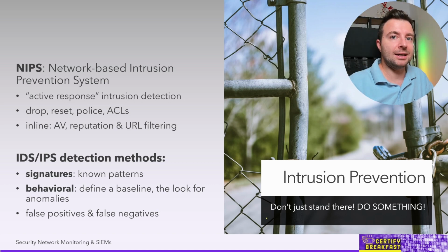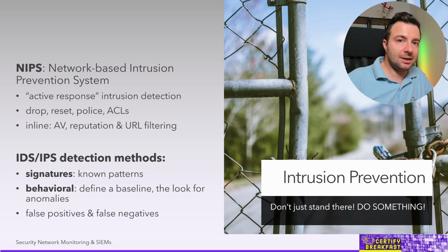And as you can probably guess, this is one area where machine learning is going to provide a lot of benefit, given that you take the time and effort to teach the machine learning system what your normal baseline looks like.